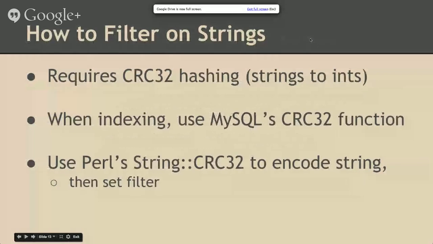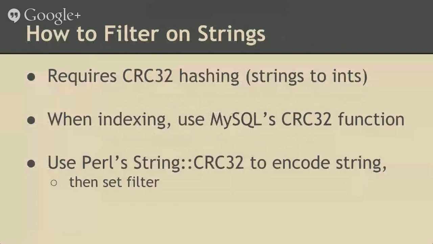Now, filtering on a string, as I said, is a kind of a pain in the butt. Basically, you have to create an attribute for whatever string field you're going to be filtering on in the database. You create an integer, so the attribute becomes the integer.